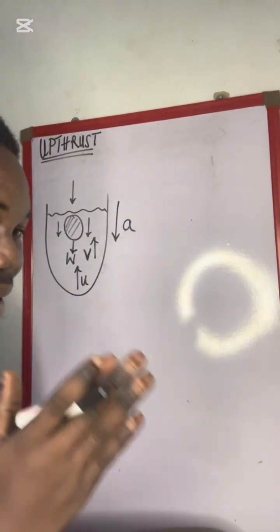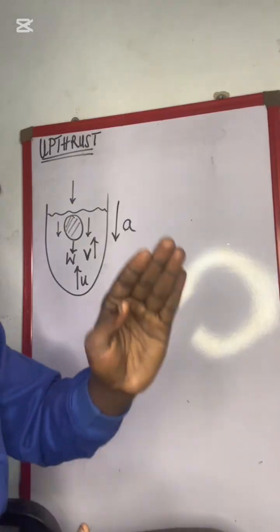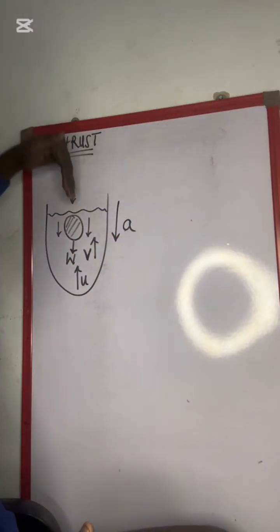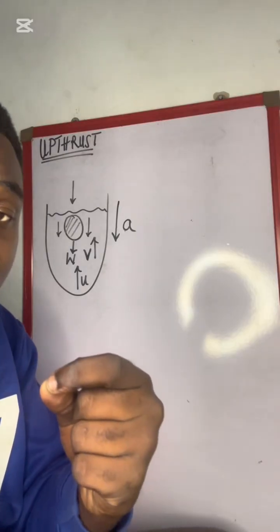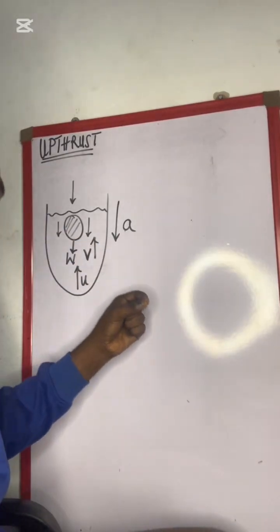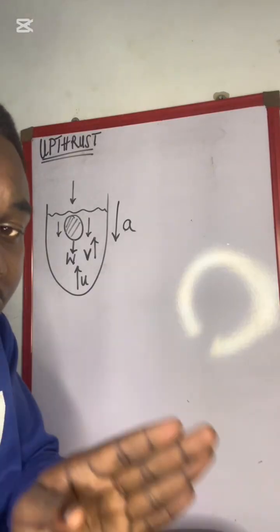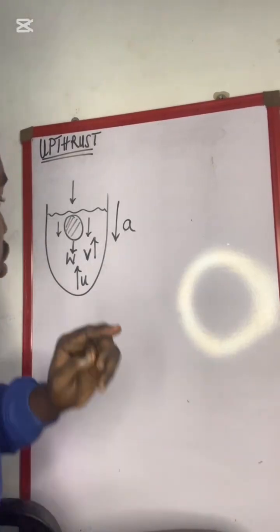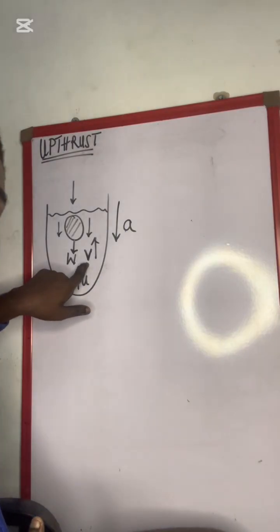Now, the same thing applies to liquid bodies. Because the object is moving down the liquid, there will be a frictional force produced by the liquid on the body of the object. This frictional force is called viscous force, also called viscosity.